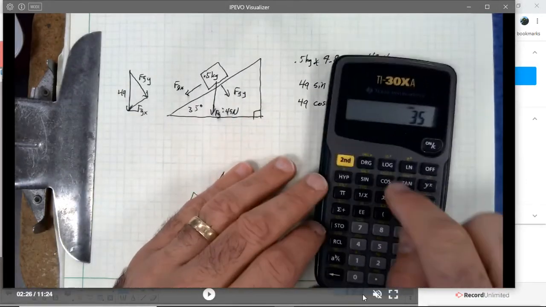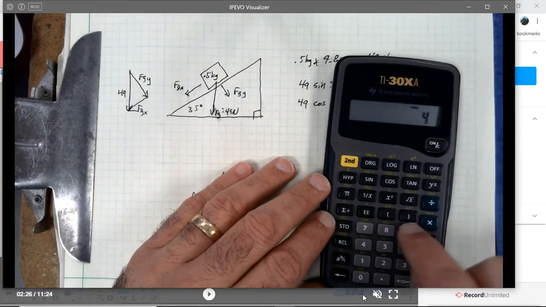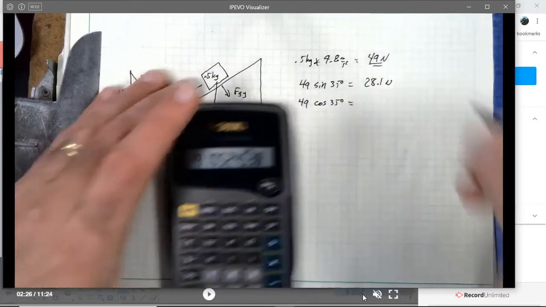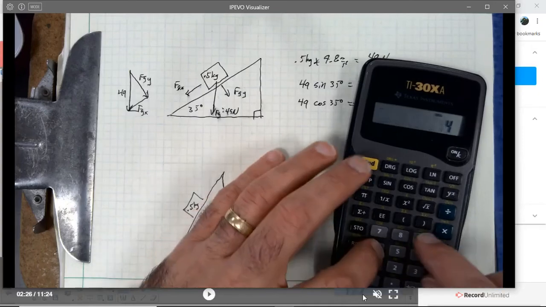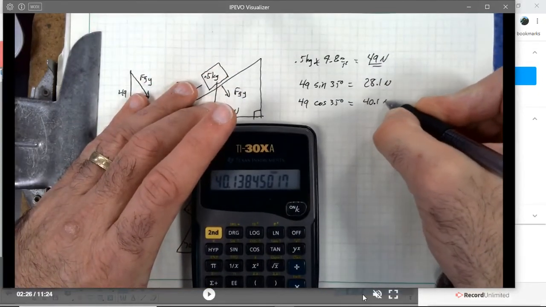So 35 sine times 49 equals 28.1 newtons, and 35 cosine times 49 newtons equals 40.1 newtons.